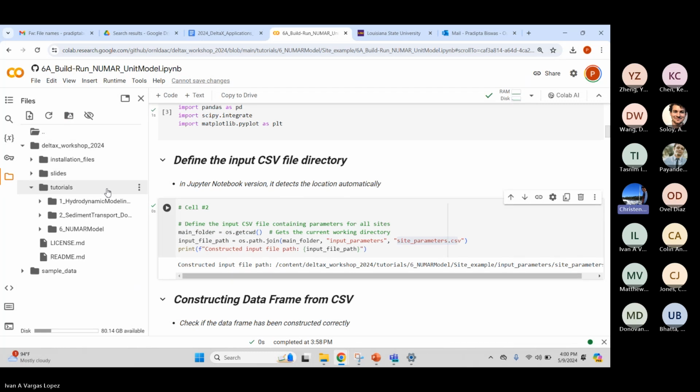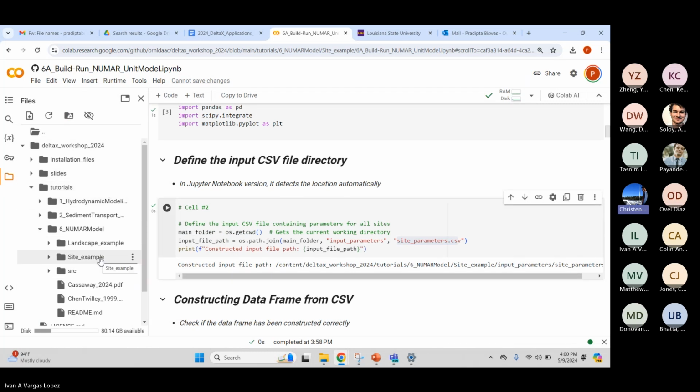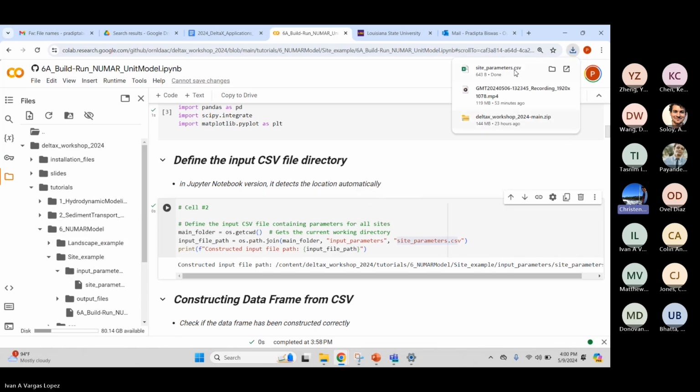The parameters for this were determined from field measurements. Each of the CRMS sites he mentioned is from the DeltaX field campaign, so all of the parameters for the model were measured in the field and are being input into this version of the model. You can actually download this file and make modifications.